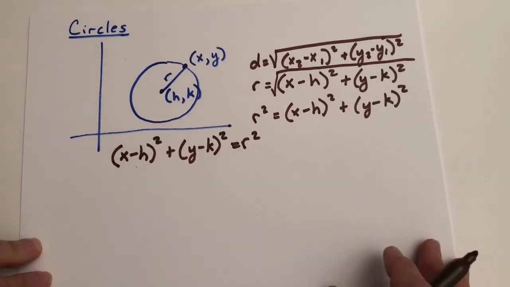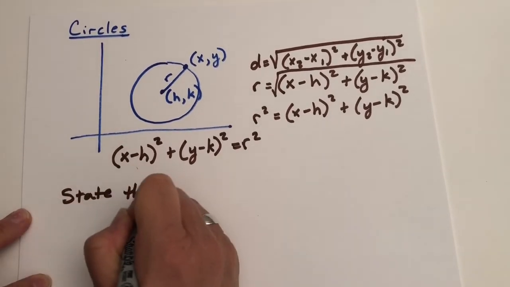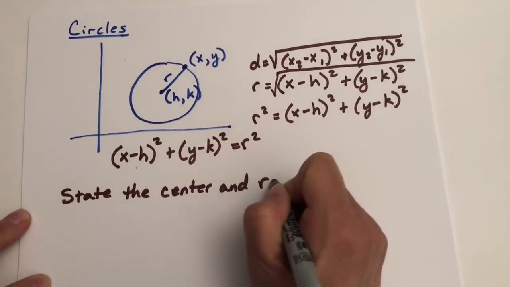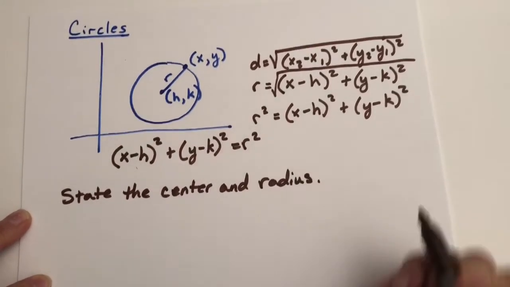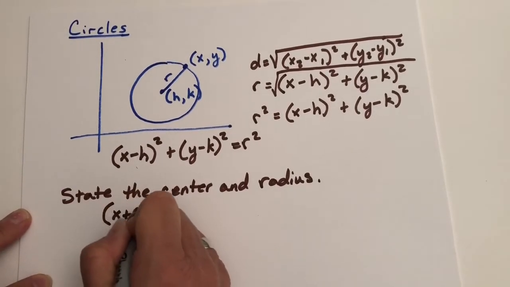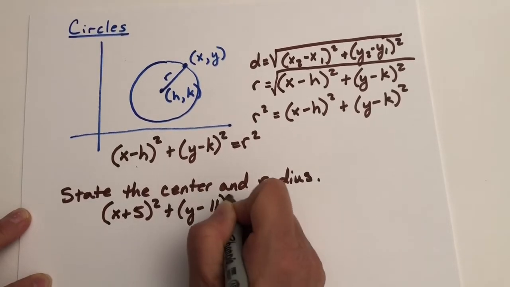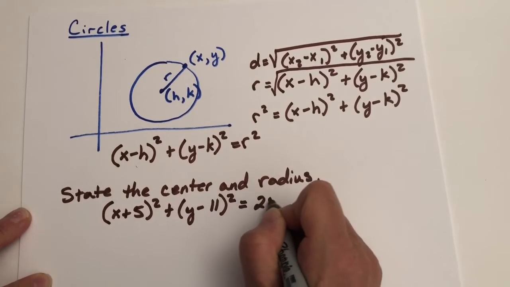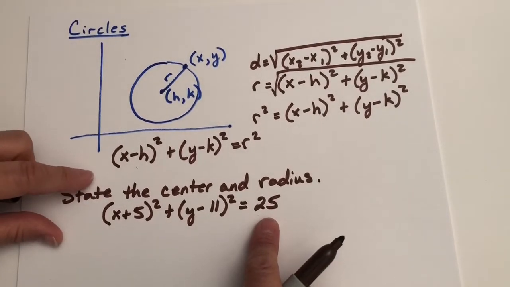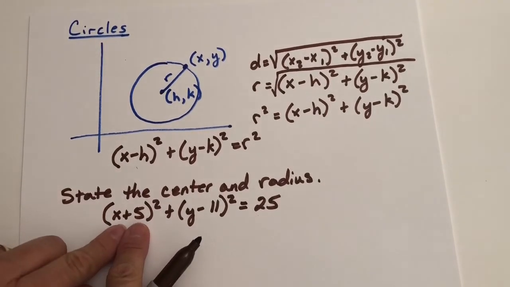So if we were just going to state the center and radius, and we're given the equation in standard form, something like this, (x plus 5) squared plus (y minus 11) squared equals 25. If it's in standard form, the center and radius are practically looking at us. It's the opposite of this number.